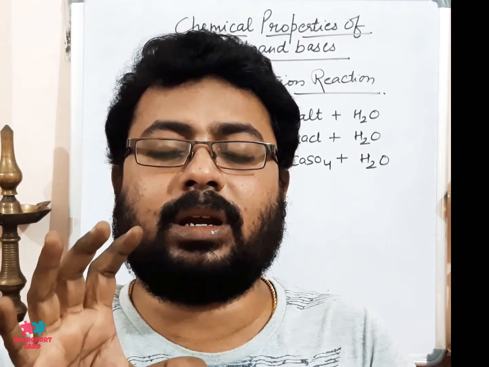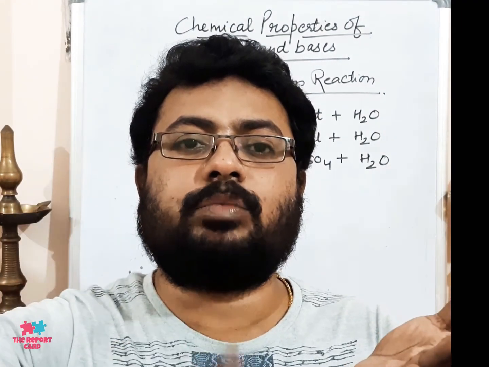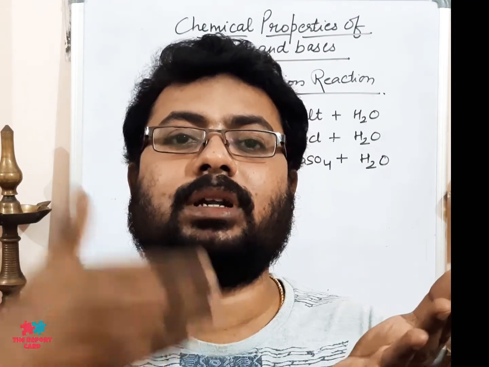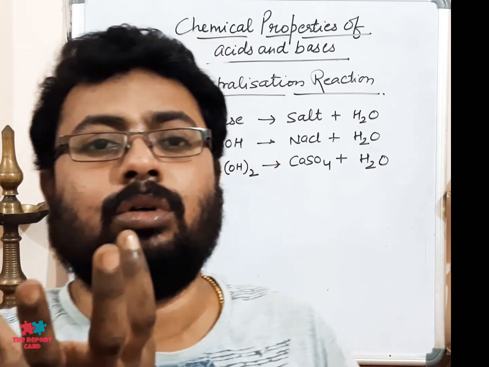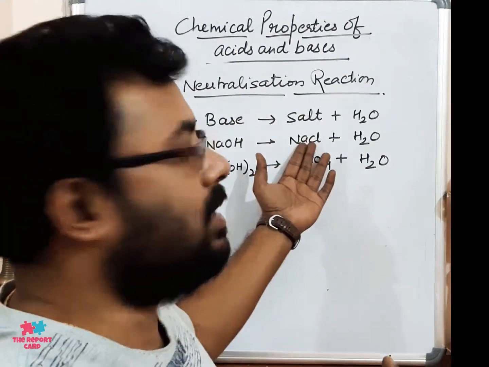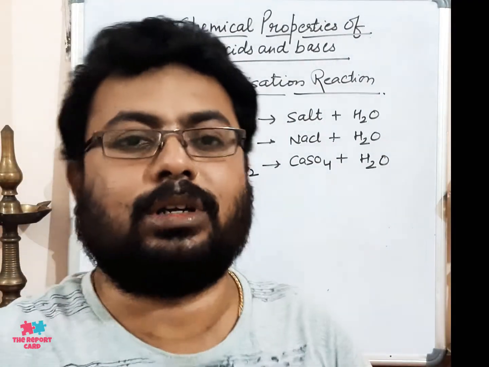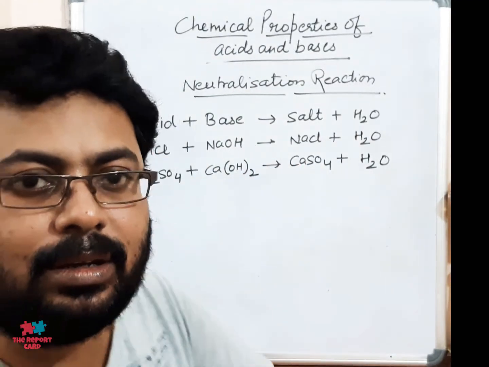The moment it becomes green, you stop. That means the base has neutralized that particular acid, and slowly it has turned into a neutral solution. That is where NaCl and water are formed. Now I hope the neutralization reaction is very clear to you.